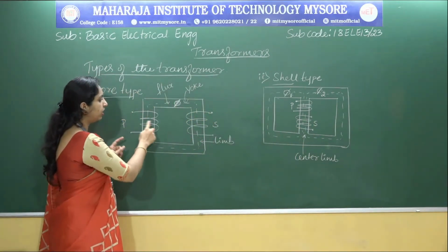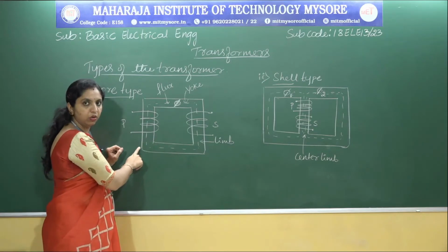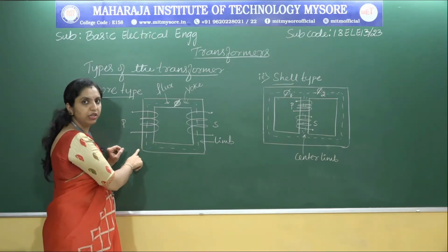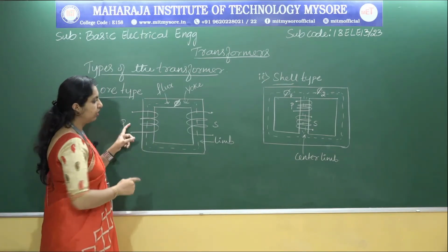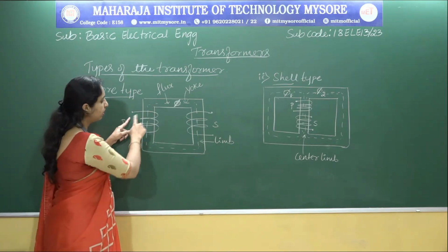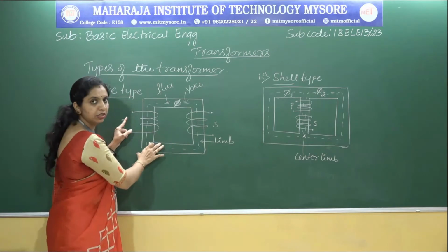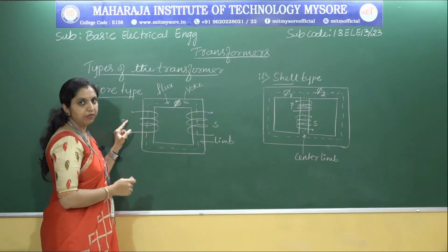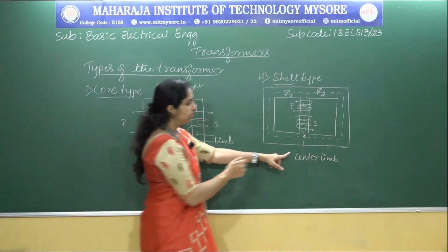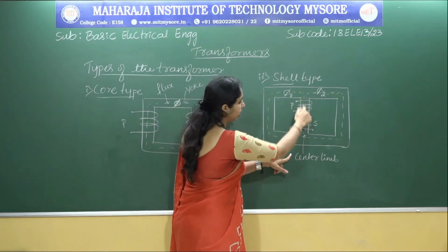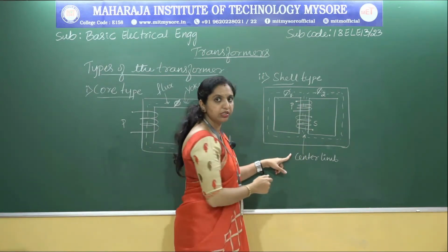Since the winding is distributed uniformly in the core type, natural cooling is effective. I'll just repeat, since here the winding is distributed uniformly over these two limbs, natural cooling is effective. But here, since the windings are at the center limb, natural cooling is difficult.